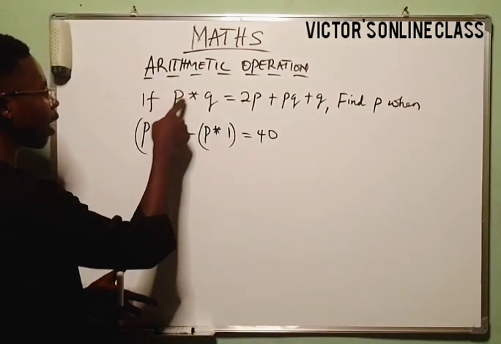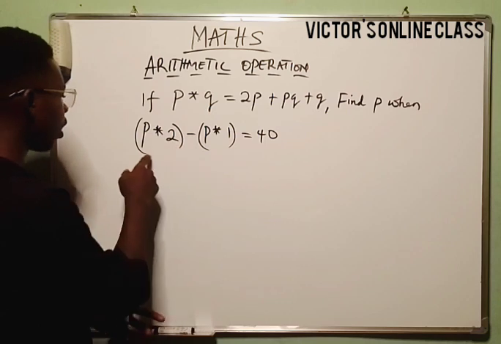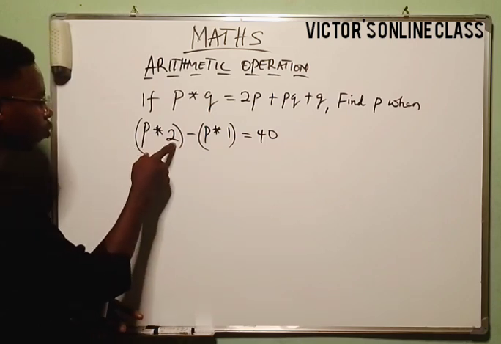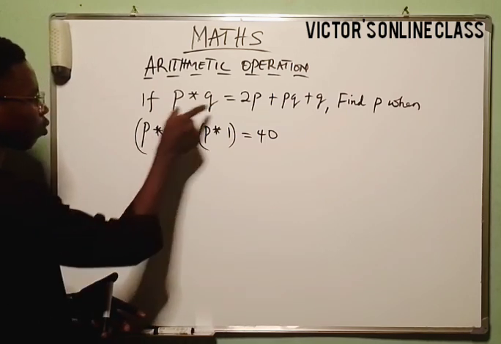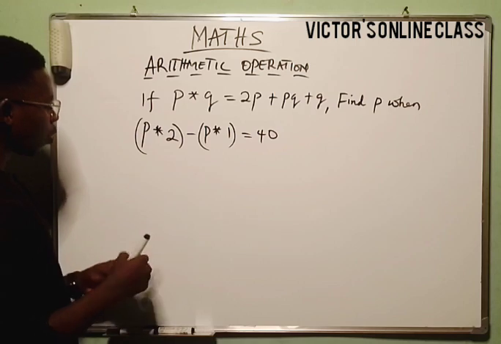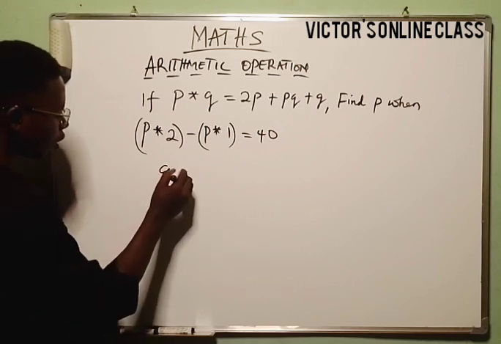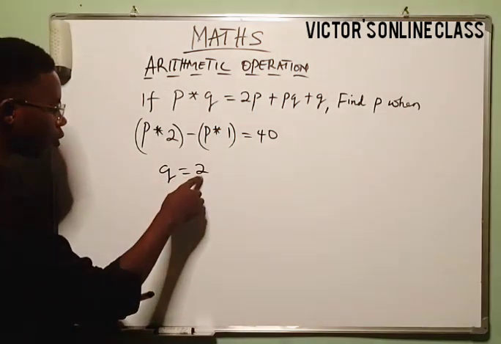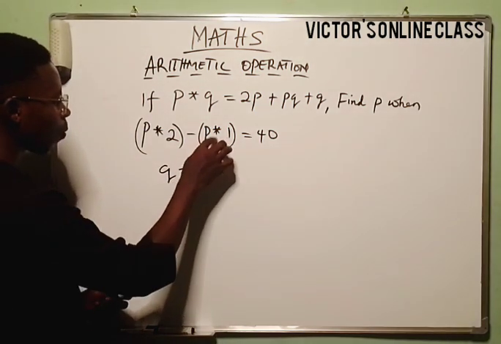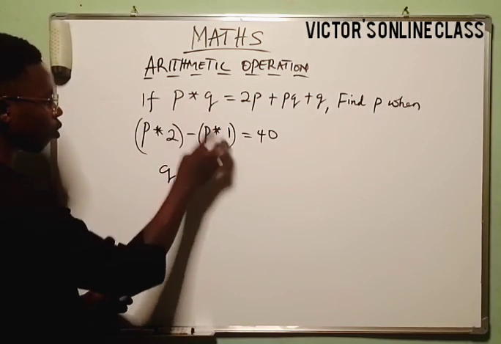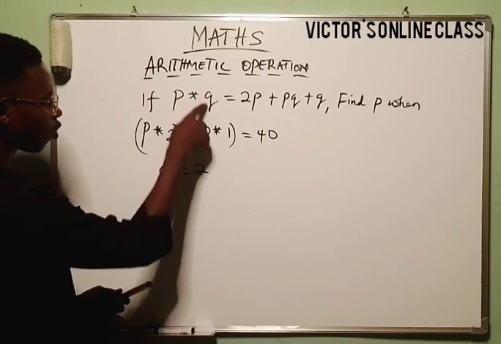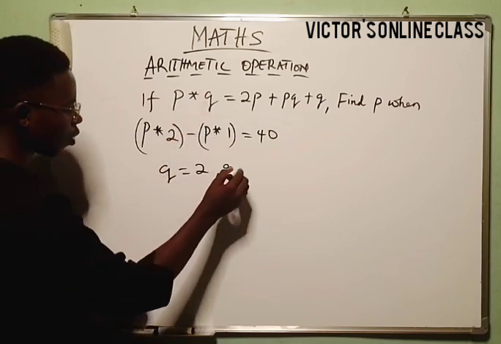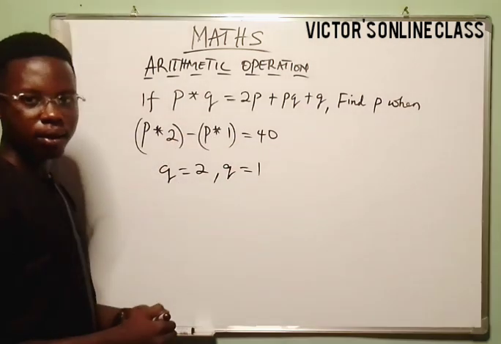Since you have P asterisk Q here, and then you have P asterisk 2, comparing this to this, you will find out that your Q is equal to 2. Now, compare this to this also. You observe that your Q is equal to 1.